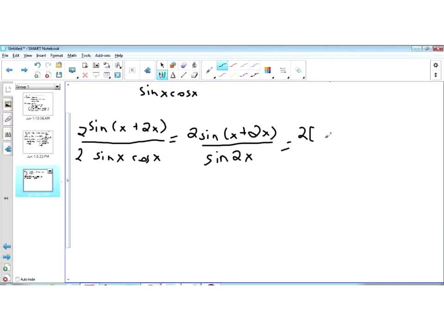So this would be 2 times sine x cosine 2x plus sine 2x cosine x, all over sine 2x.